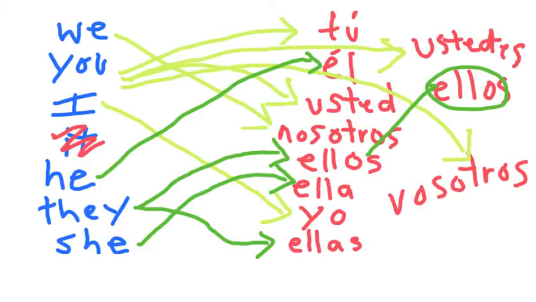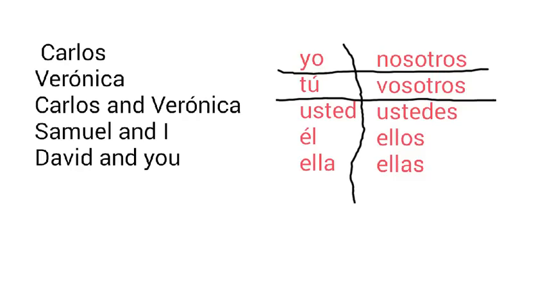So how did you do on stacking those up, huh? Now let's move on to see some a little bit more complicated situations. When we're just using pronouns, it gets really simple. But once we start using names in sentences, this is where it can get a little bit complicated. We've got names like Carlos, Veronica, then we had Carlos and Veronica, then we had Samuel and I, and then we got David and you.